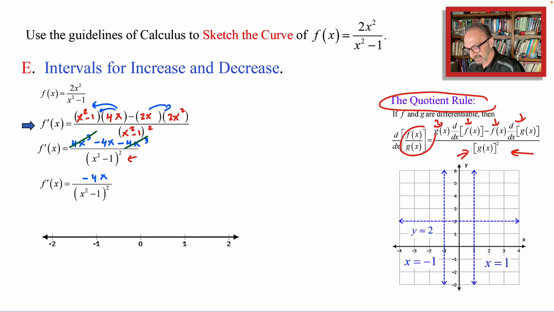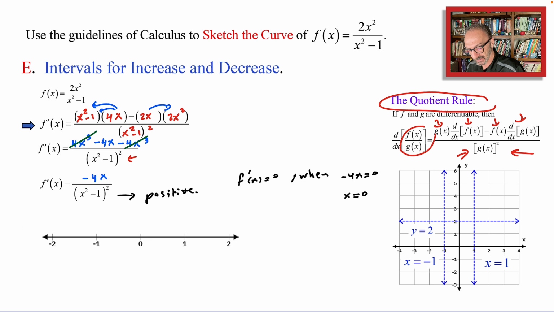This is always positive. And the top part is minus 4x. So we do have f prime of x equals 0 to find the critical points when minus 4x equals 0.